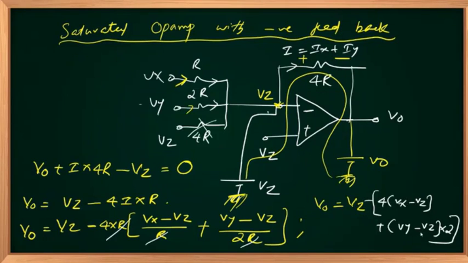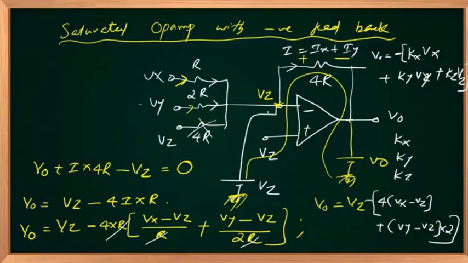Right? So this can be written as V out equal to minus of Kx Vx as earlier, plus Ky Vy, plus Kz Vz. And please tell me what are the values of Kx, Ky, and Kz.